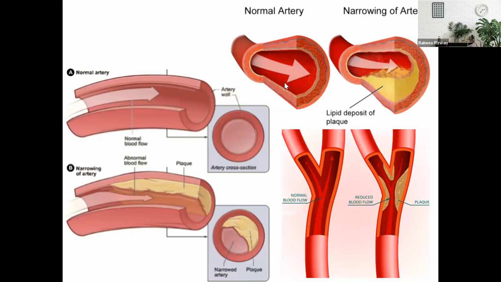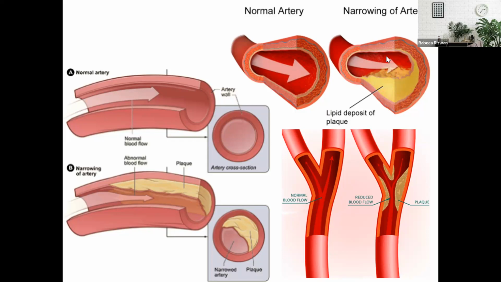Here is the explanation of how the vessels are affected. The major cause is called atherosclerosis, which I will discuss in another slide later on. So what happens in this case? Fat starts to deposit along the walls of the vessels.